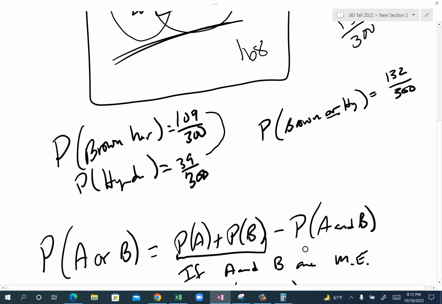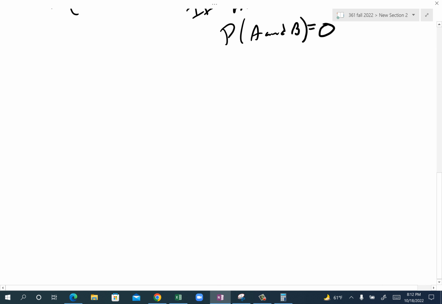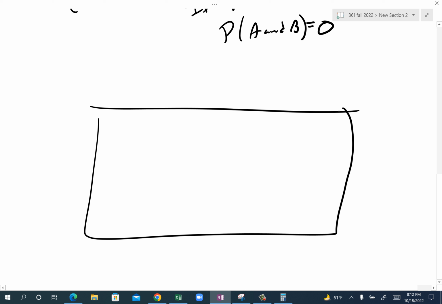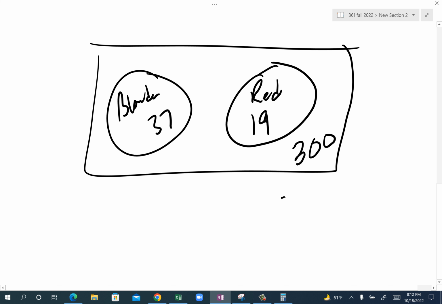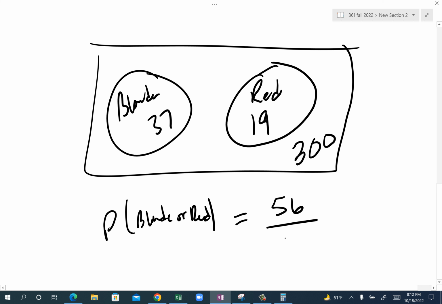So for instance, suppose my two circles did not overlap. Blonde, red. Whatever. Then there would be 56 people, probability of blonde or red is equal to 56 over 356, I guess.